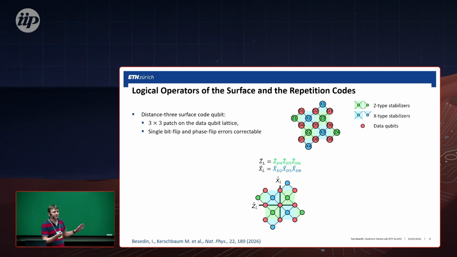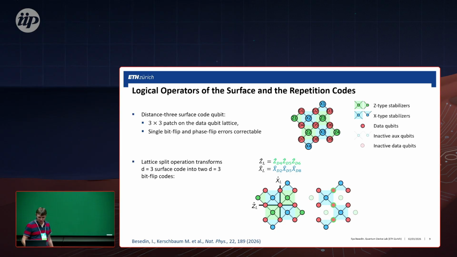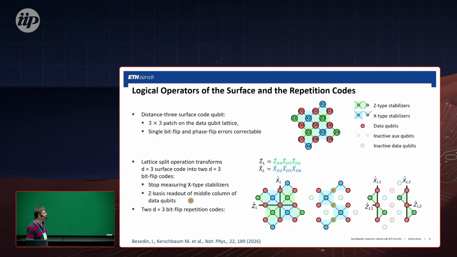You can define them in various ways, but I like this definition for reasons that will become clearer a bit later. So if I do the lattice split operation by reading out this middle column of data qubits in the Z basis and stopping reading out these X-type stabilizers, then I end up with 2 repetition codes, 2 bit flip repetition codes. So I still have the Z-type stabilizers, but I don't have any X-type stabilizers.